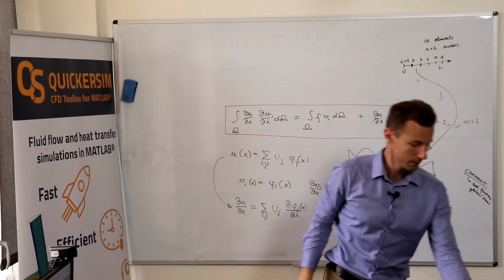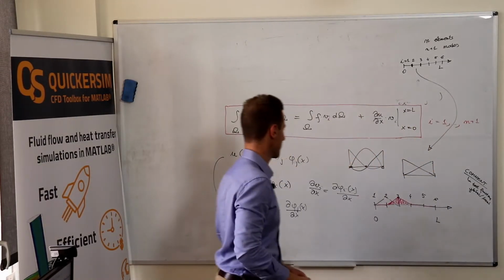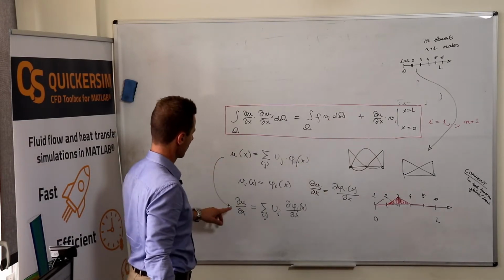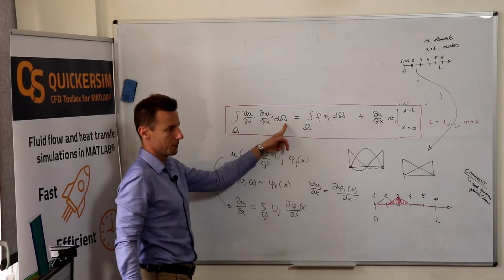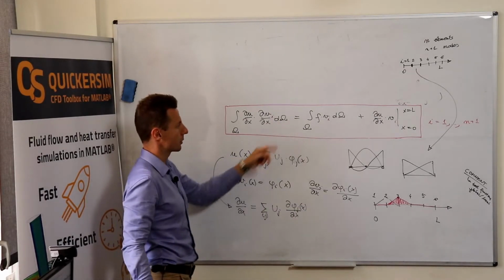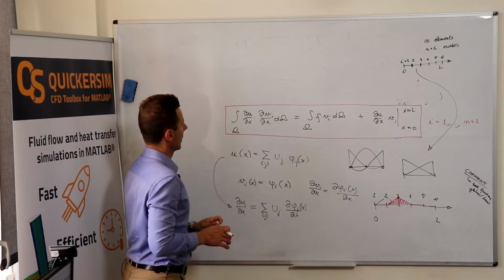And let's write the final discretized form just by substituting this and that under our integrals.